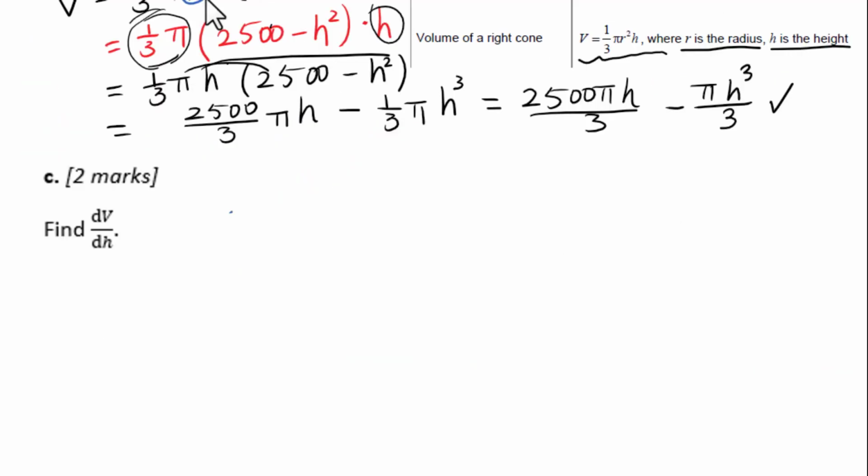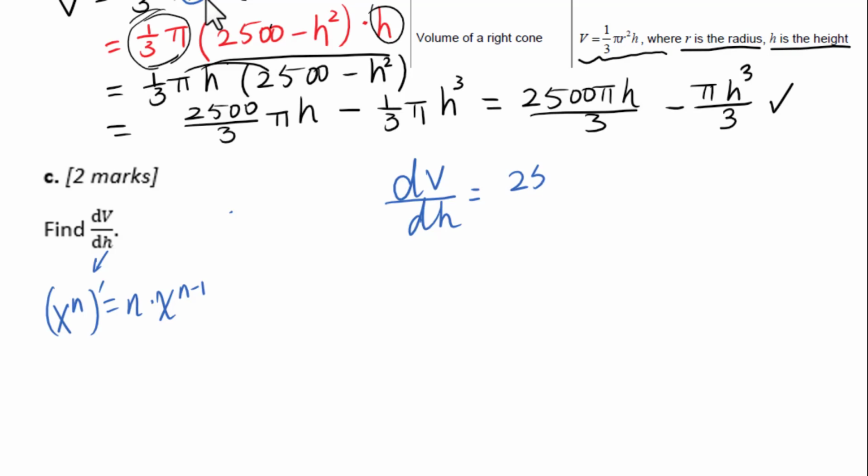Now let's go to C. Find dV/dH. We will consider this h as x. We do know x to the nth power prime equals n times x to the n minus 1th power. dV/dH equals 2500 pi over 3 times h prime minus pi over 3 times h to the third power prime.